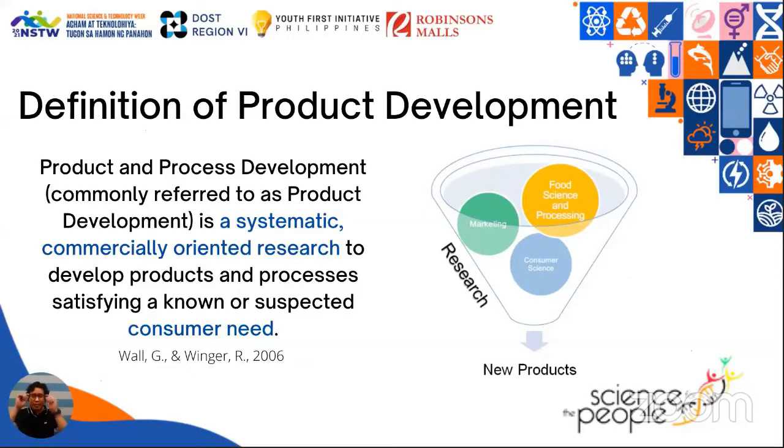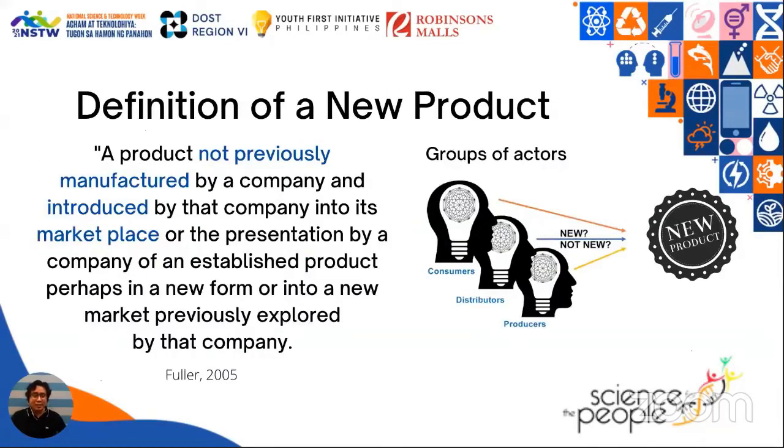Okay, and since we're talking about new products, it is ideal that we know the definition of what makes a product new. So a new product is a product not previously manufactured or introduced into the market. And when we talk about the concept of product newness, there are three groups of actors that we have to consider. So these are the consumers, distributors, and producers.